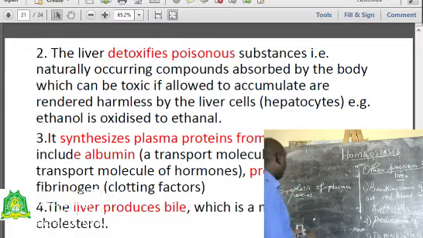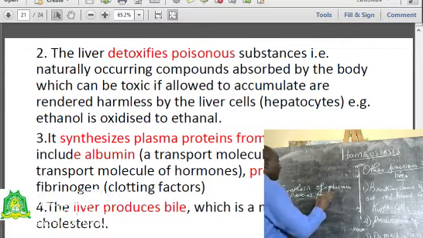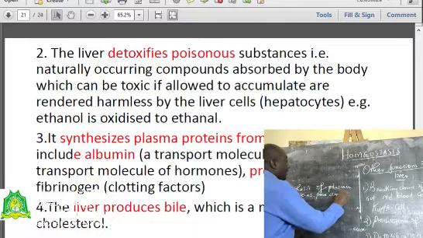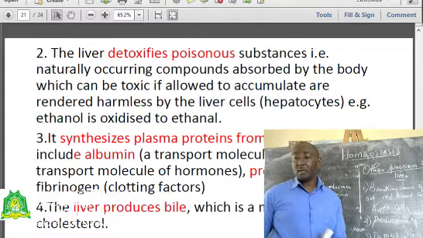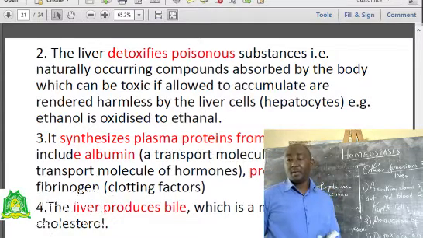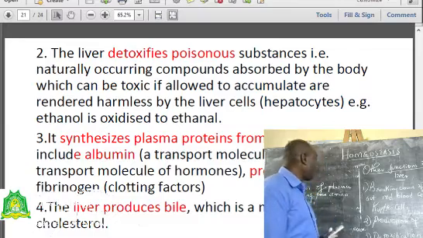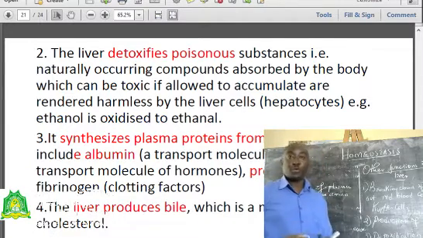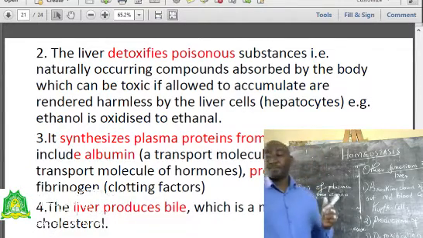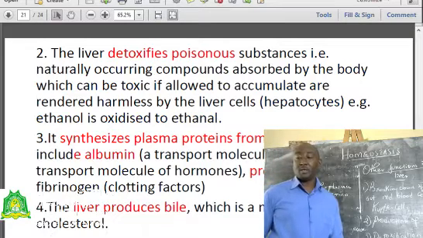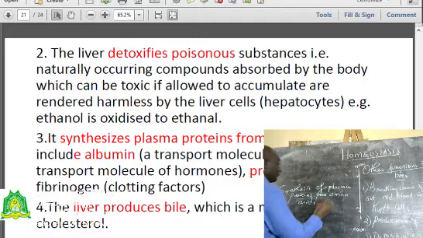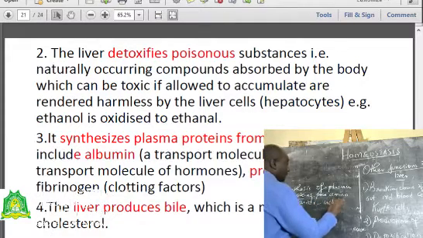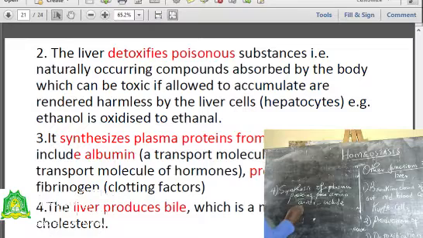And where do they come from? From amino acids. How does this one occur? It occurs in processes such as regulation of proteins, and the proteins which are formed in this case include albumin.